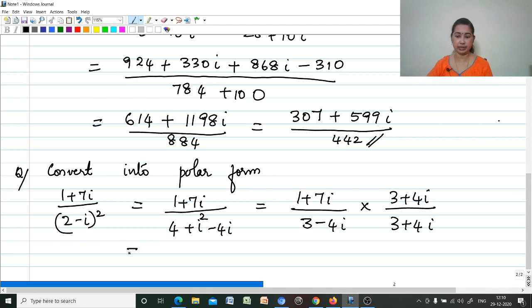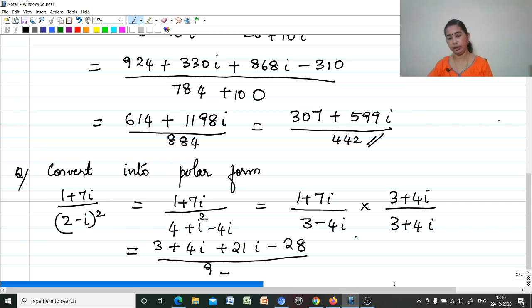And we will get the numerator. If you are multiplying, we are getting 3 plus 4i plus 21i minus 28, because 7i into 4i is 28i square, and i square is minus 1, then the whole divided by 3 square, which is 9, minus 4i whole square, that is 16i square, which is equal to plus 16, and that is equal to (minus 25 plus 25i) divided by 25.